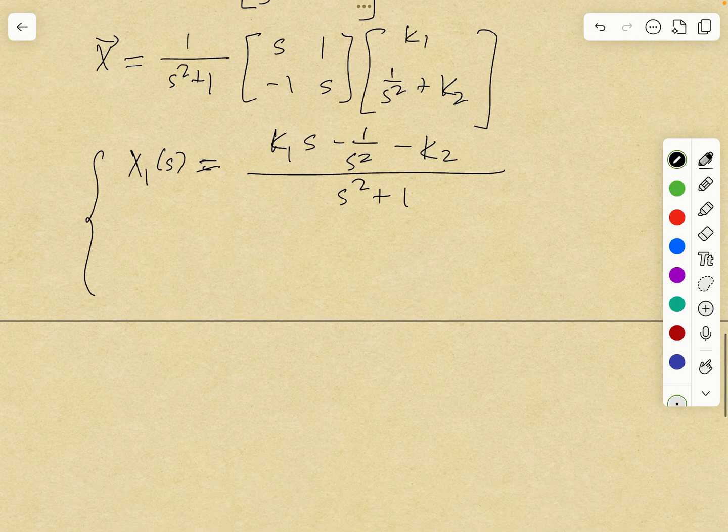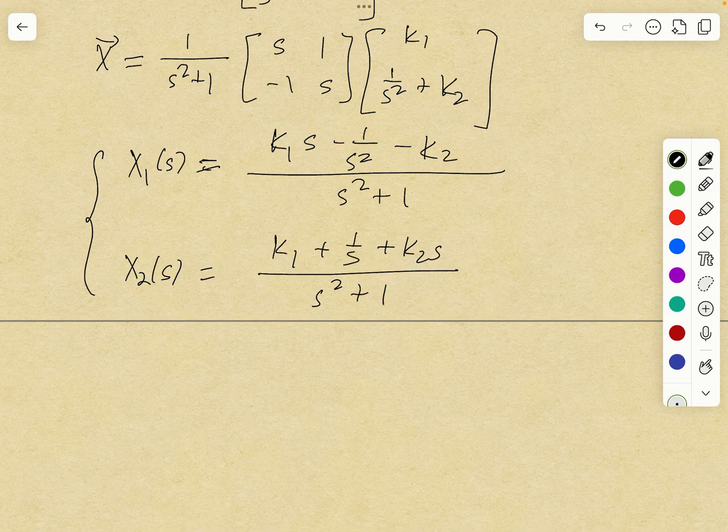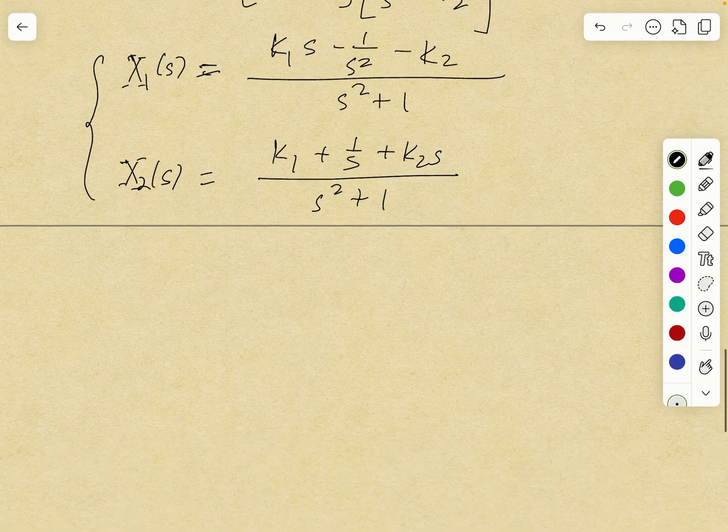That's the first one, and then the second one is (K1 plus 1) over S plus K2 S over S squared plus 1. So those are the Laplace transforms of little x1 and little x2. These are my capital X1, capital X2. That's the Laplace of little x1 and little x2.